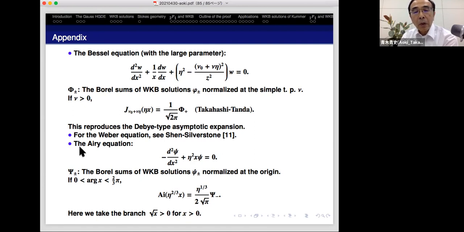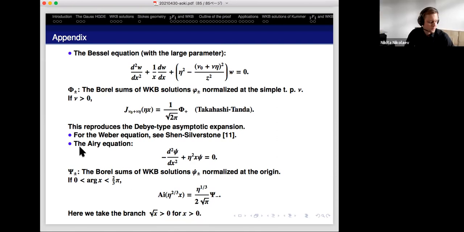So of course, even for the case where the monodromy matrices are not known by classical analysis, we can compute them if the Stokes geometry is not degenerate. So you may have some discussion about such a problem. Yes. Okay.